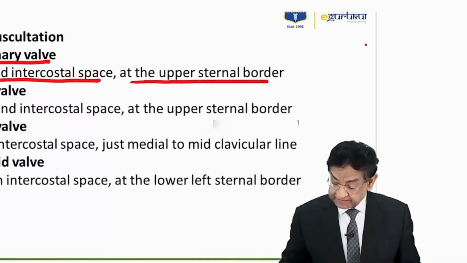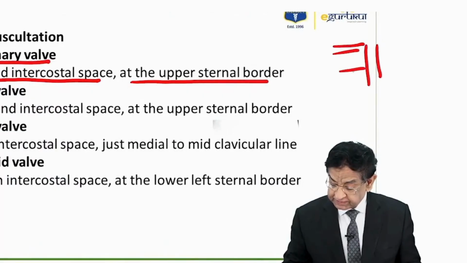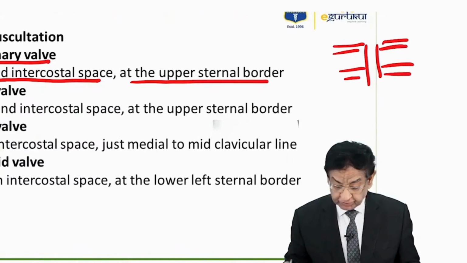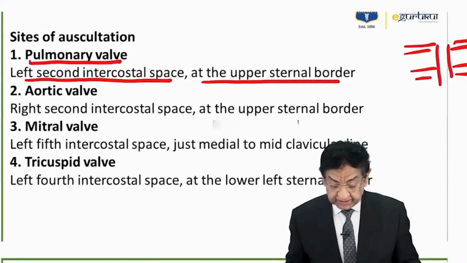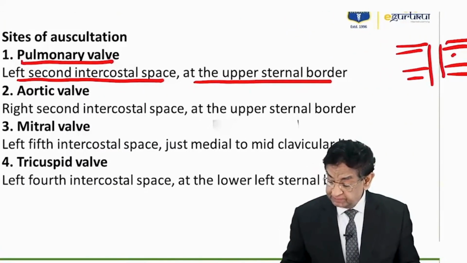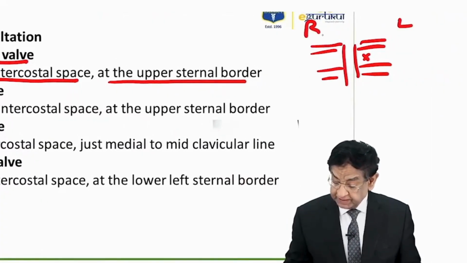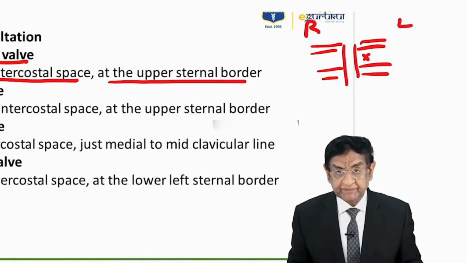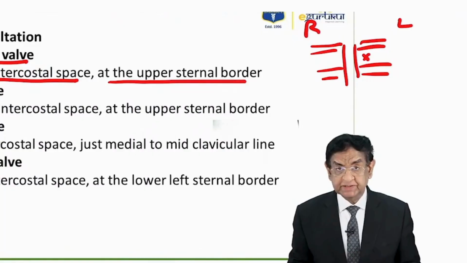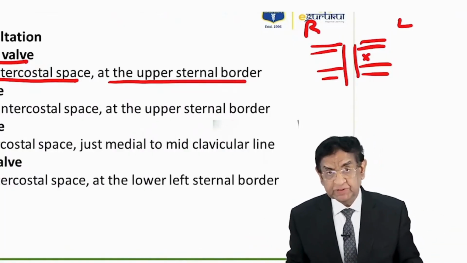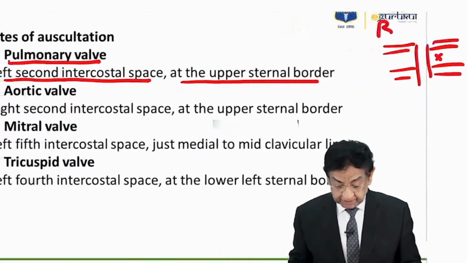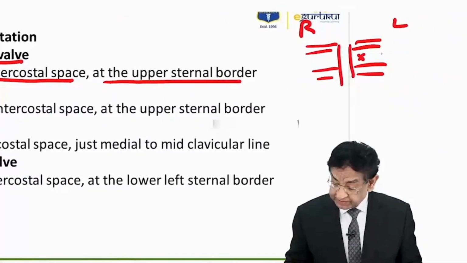So if this is the sternum and this the second intercostal space, it is on the left side, at the upper sternal border, in the second intercostal space. That means it has to be on the higher side of the sternum. This is the P, the pulmonary.